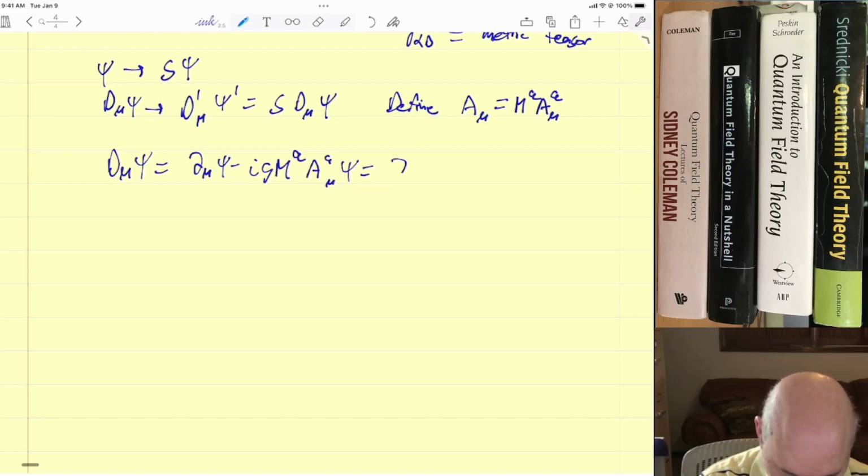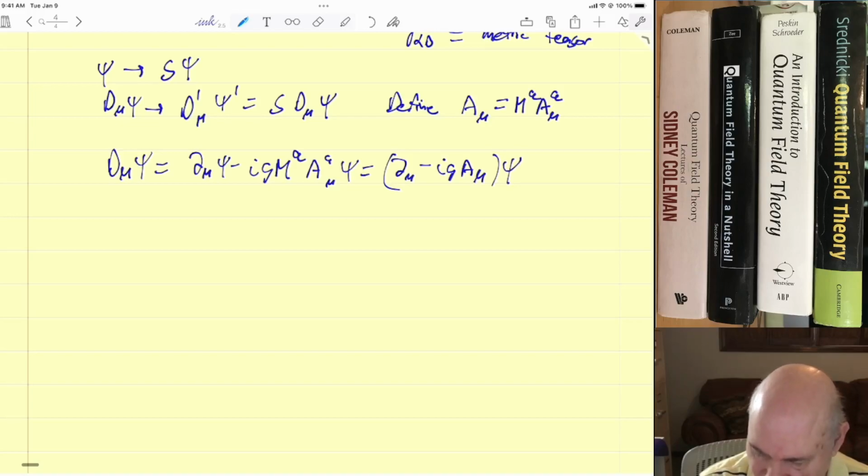Now we write it just as the partial of mu minus i g A_mu psi. It's important to realize that when I just write A with a single index, it's actually a matrix.